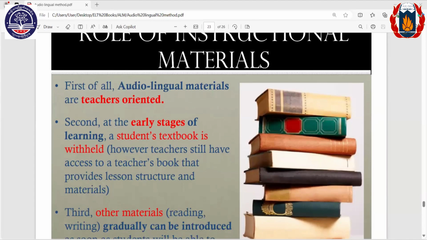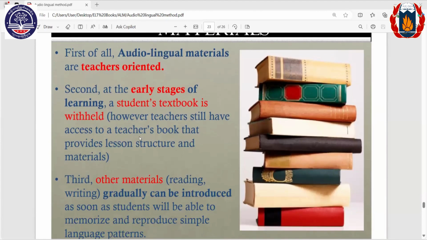Here, it's mentioned that even at the early stage, the student textbook is withheld. You don't need to use the textbooks because you just need to produce orally. But a teacher should have a textbook. For the student, you don't need to give them the instruction and materials or the textbook at the very first time.